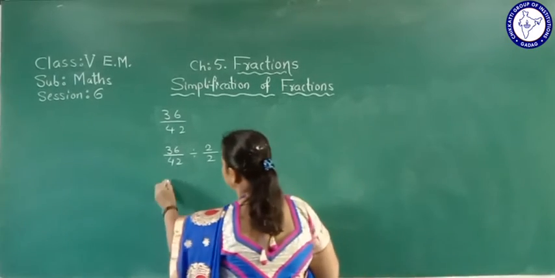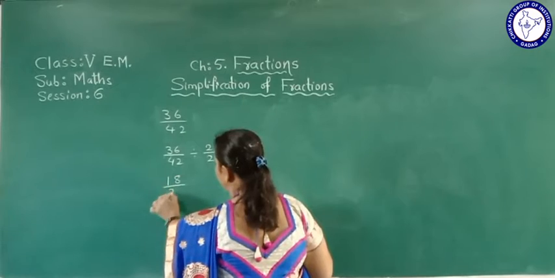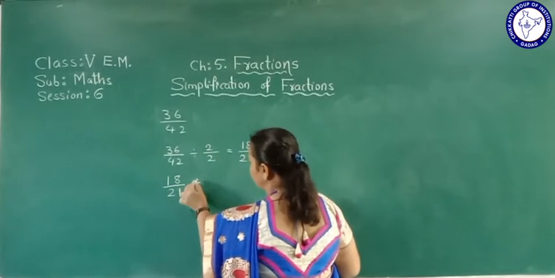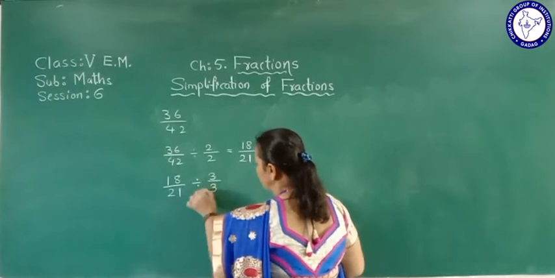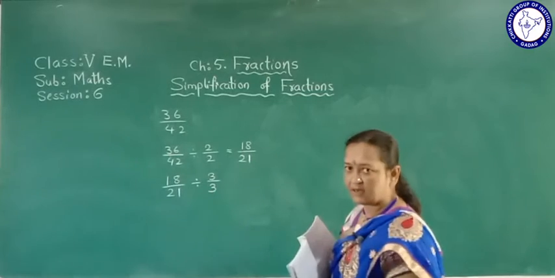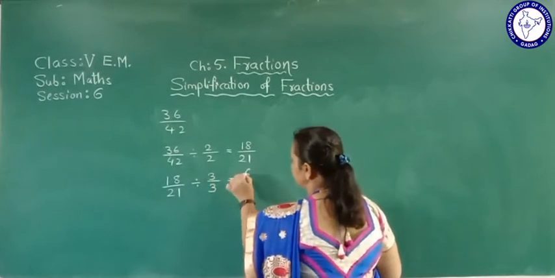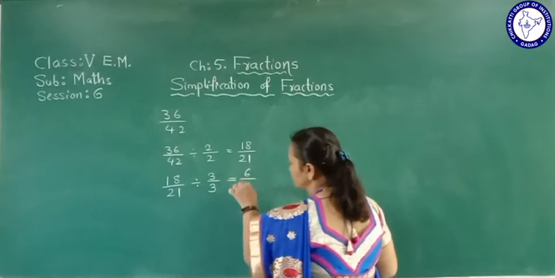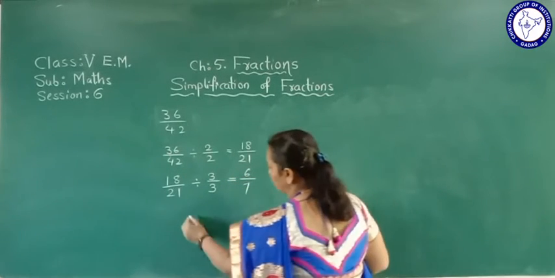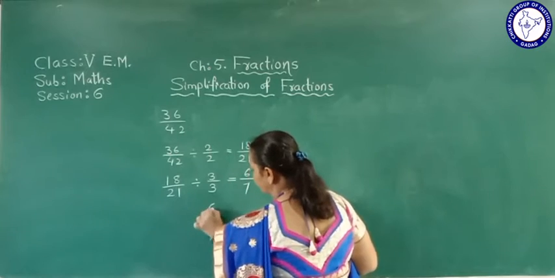So again let me reduce this 18 by 21 by 3. Divide both numerator and denominator by 3, then you will get 3 sixes are 18 and 3 sevens are 21. Now this is 6 by 7.